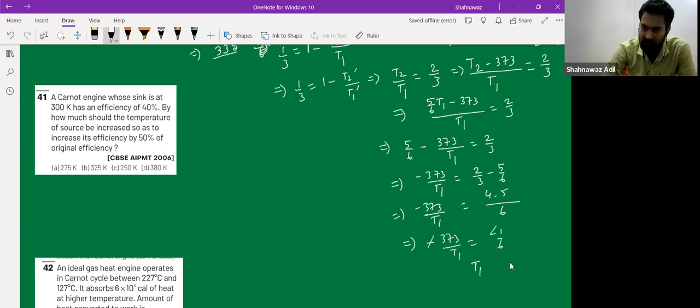So T1 is how much? 373 into 6. Okay, so 6 threes are 18, and 6 sevens are 42, and then 43, and then right.